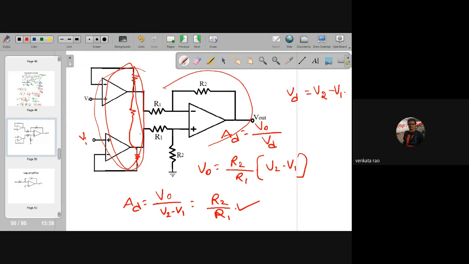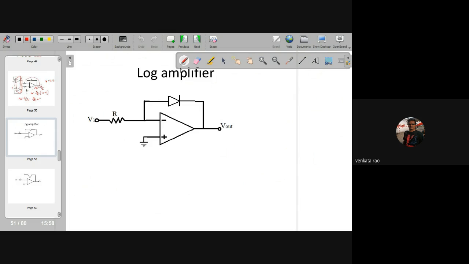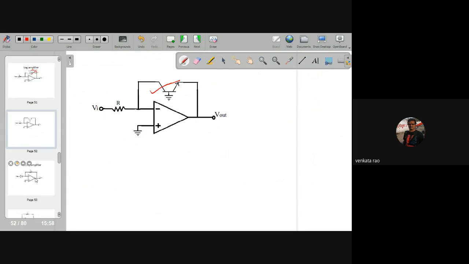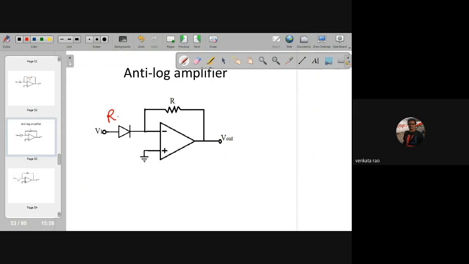We discuss about this. See, next one is log amplifier. In case of RF, I replace the diode. Here, my intention is to give the importance of inverting and non-inverting amplifier. Just I replace with the transistor in place of RF. Next, in place of R1, I replace the diode.